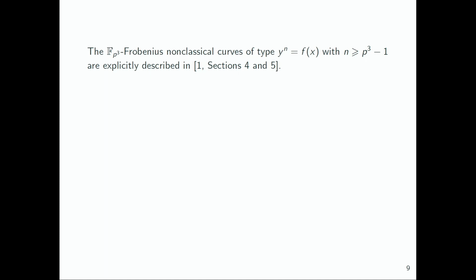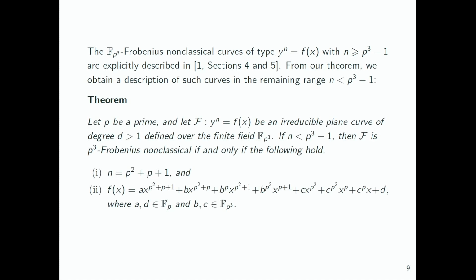And as an application, it's not too straightforward, but if we consider curves of this type, y^n = f(x), the ones that are p^3 Frobenius non-classical were classified in this paper when n is at least p^3 - 1. And so from our main theorem, we were able to classify the remaining cases.